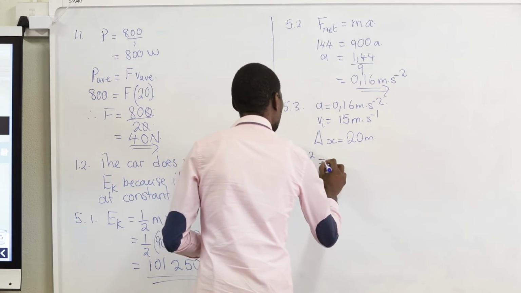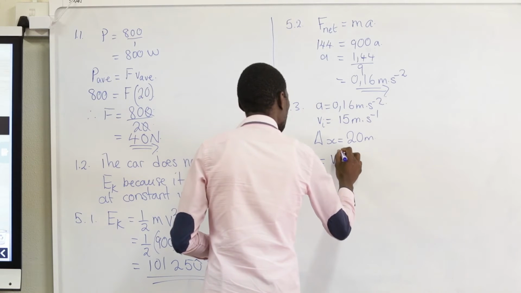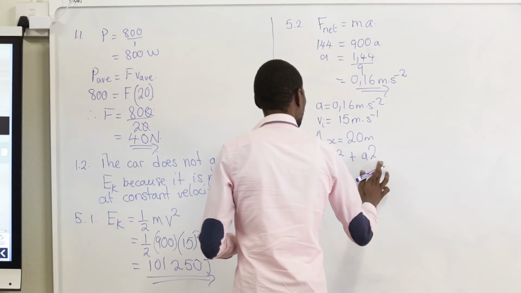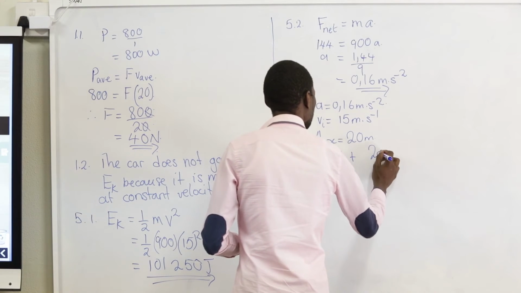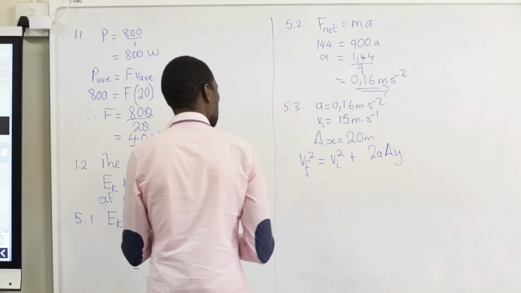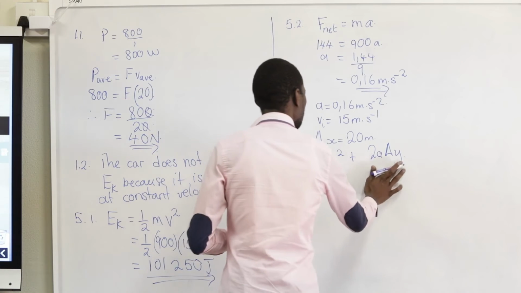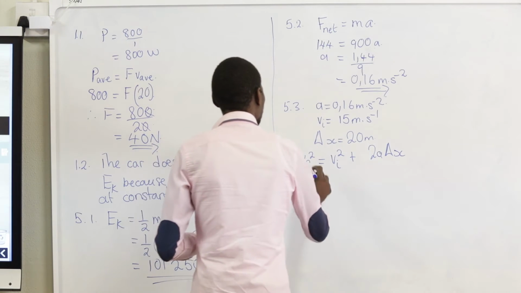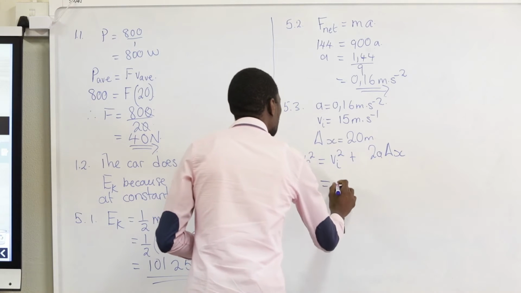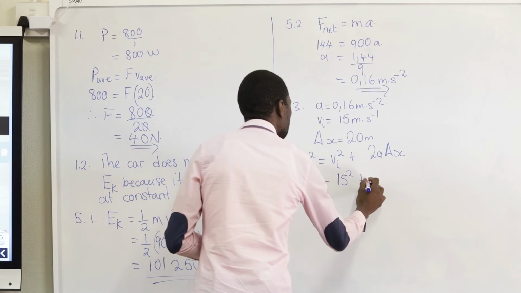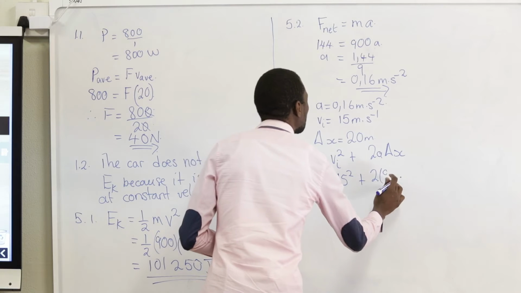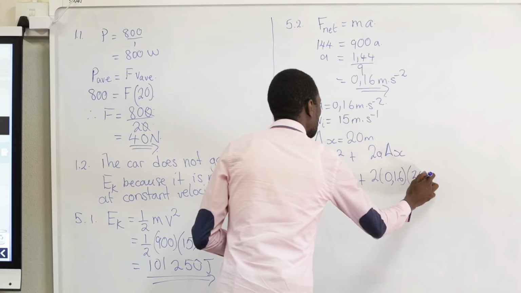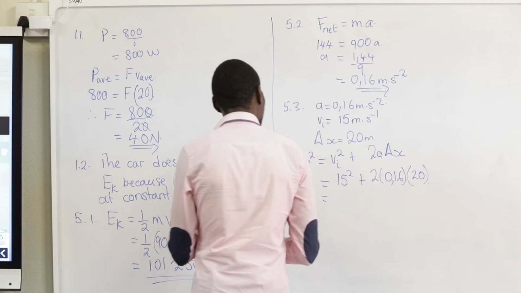In other words, V final squared is equal to V initial squared plus 2 multiplied by acceleration multiplied by the change in X, which is the displacement. So our Vf squared is equal to 15 squared plus 2 times acceleration of 0.16 multiplied by 20. Let's do the math quickly.